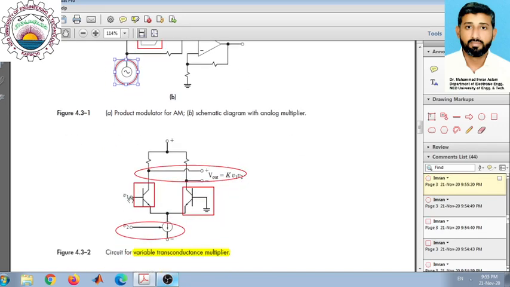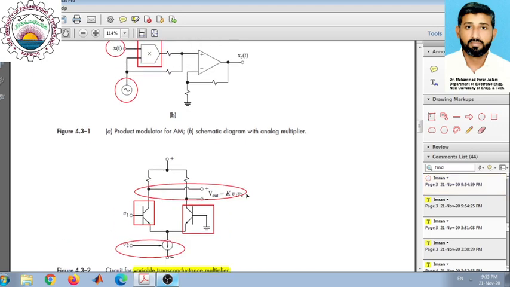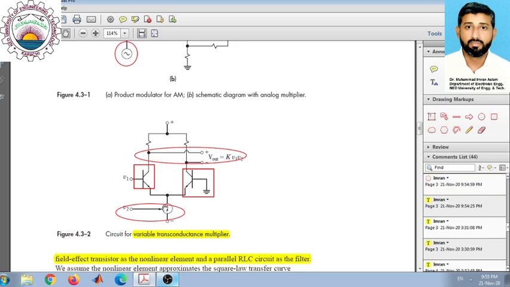Here you can see that one of the waveforms is used as the input to the base of one of the transistors, and the second voltage, for example the message signal or the carrier, is used to control the current here. The property of this variable transconductance amplifier is that the gain is proportional to the current flowing through this emitter. So by using this voltage V2, we control the gain, and eventually the gain becomes dependent on V2.